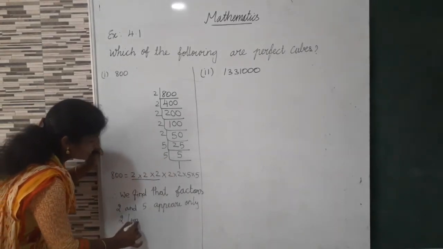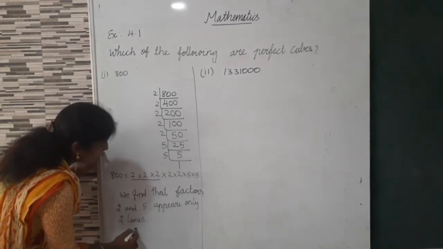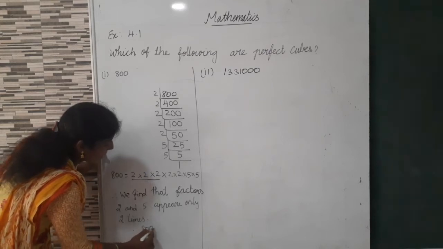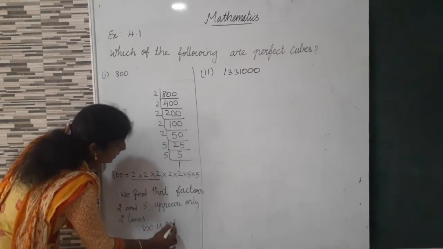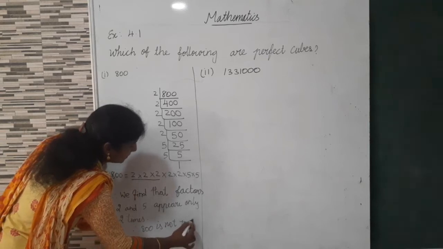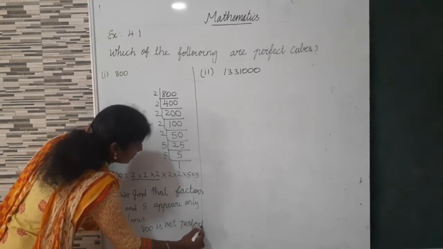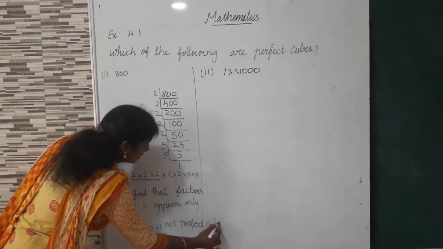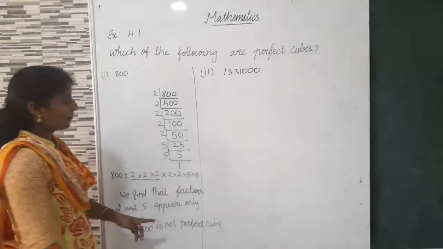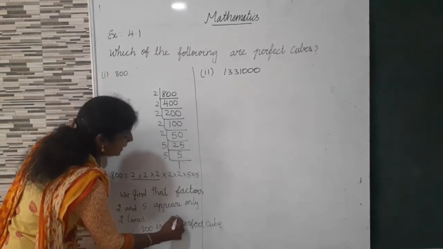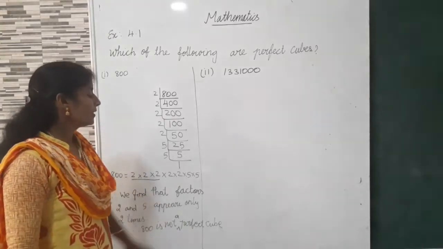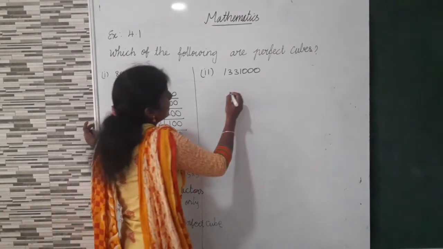So 800 is not a perfect cube. Okay. Now second question.